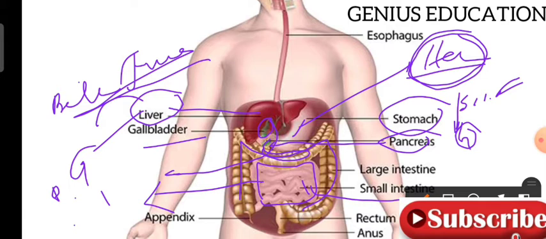The largest amount of digestion takes place inside the small intestine, which is protein digestion and carbohydrate digestion.